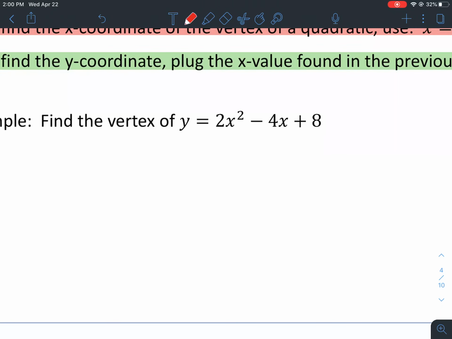Find the vertex of y equals 2x squared minus 4x plus 8. First thing we want to do, like we've been doing with our quadratic formula, is identify our a, b, and c values. So here we can see a is 2, b is negative 4, c is positive 8.